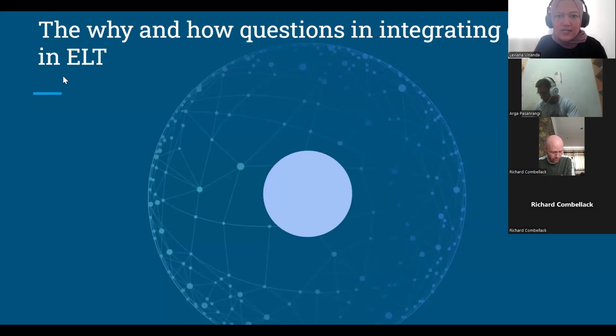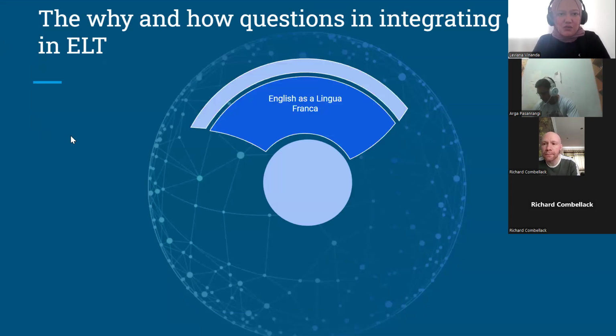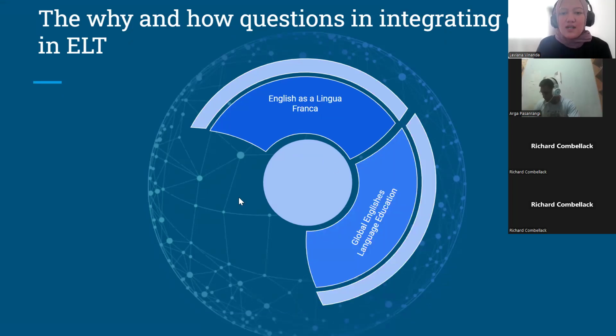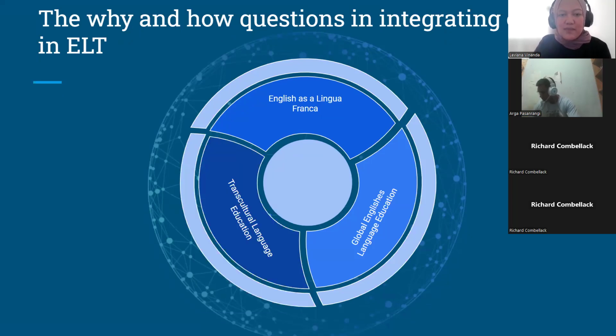So in order to do that, there are three perspectives and theories that we are going to look at. The first is English as a lingua franca. The second one is global English language education. And the third one is something called transcultural language education. Don't worry if you're not familiar with this.